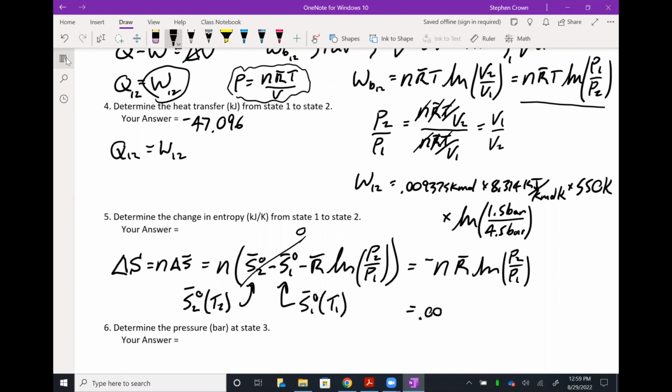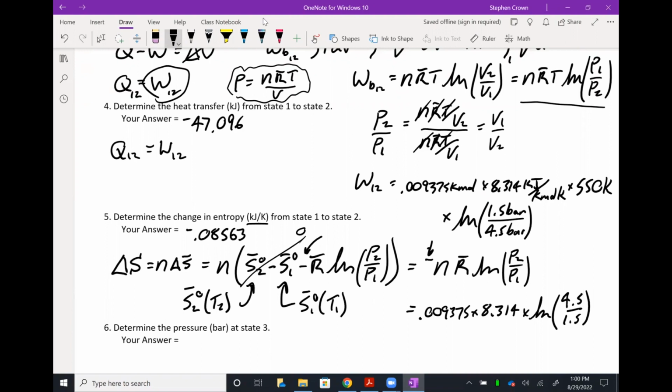I'm going to leave the units off this time. And we end up with negative 0.08563. Don't forget that we do have a negative sign there. That's where this came from.